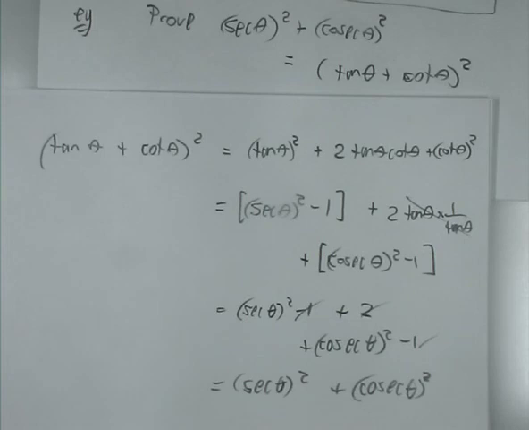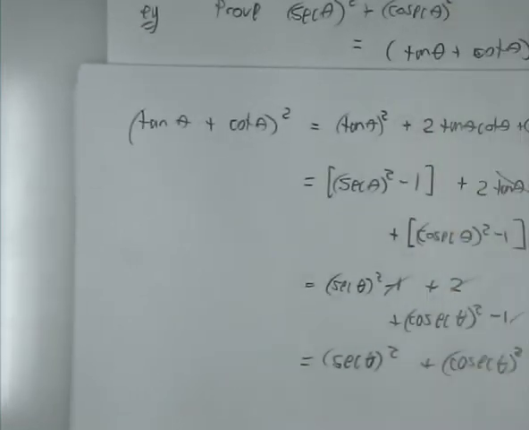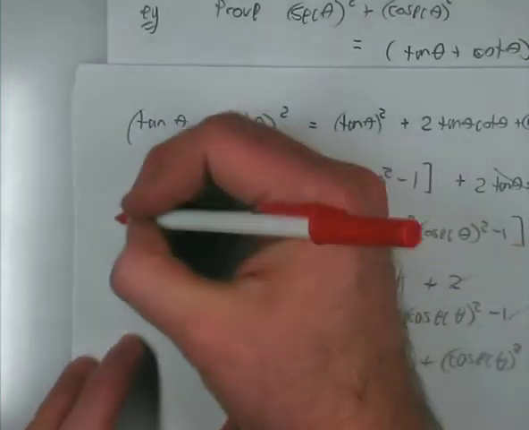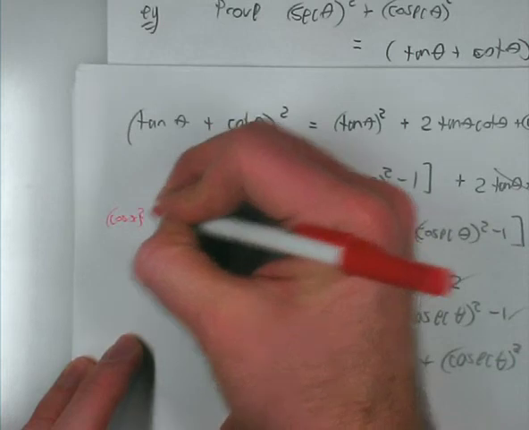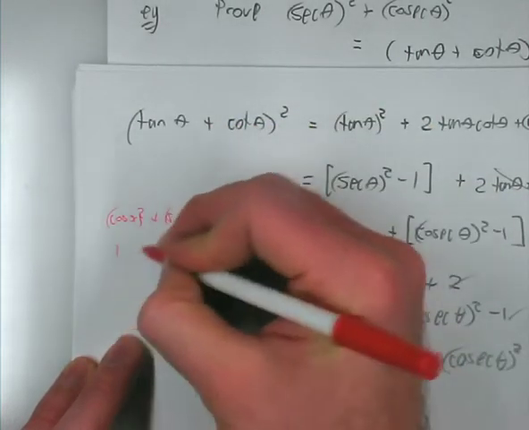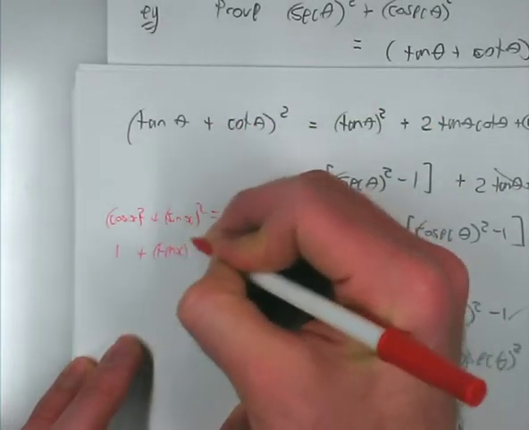What would have happened if I was actually doing this in the exam is over on the side here, or possibly on my scribble paper, I would have gone, I don't know the one that goes with tan squared, so I would write it out. And then I divide it by cos so that I could remember what this one was.